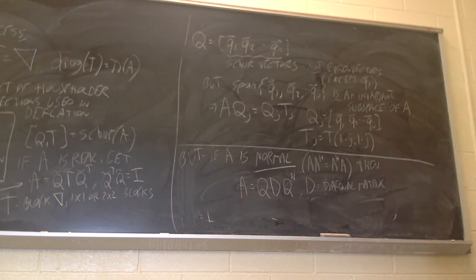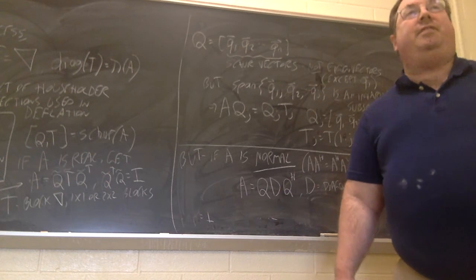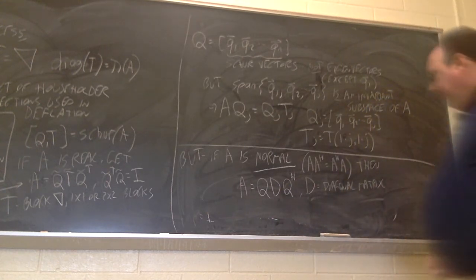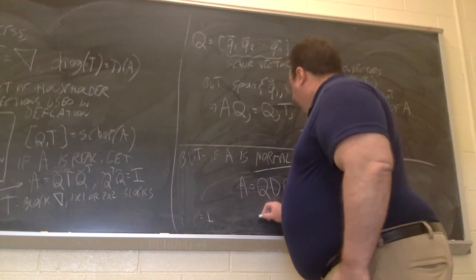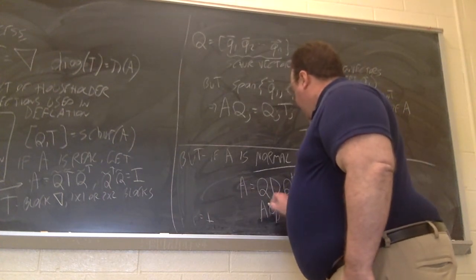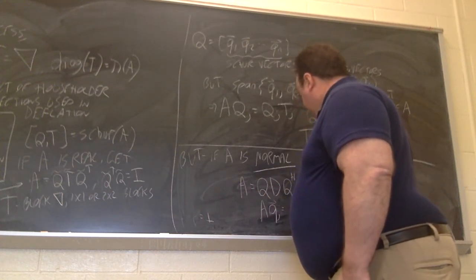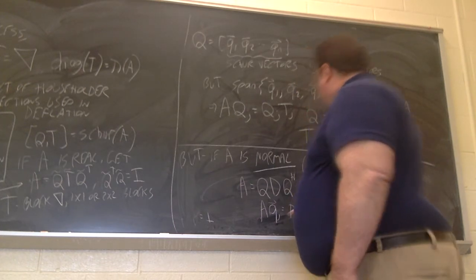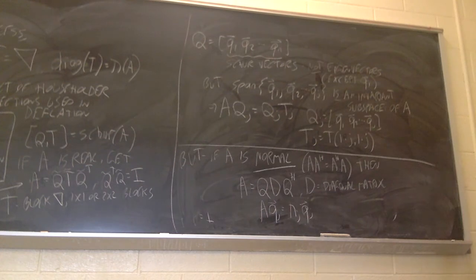So in other words, the upper triangular matrix that we have in the general case now becomes diagonal. And we have A Qj is lambda j Qj. In other words, each Qj, each Schur vector is an eigenvector.